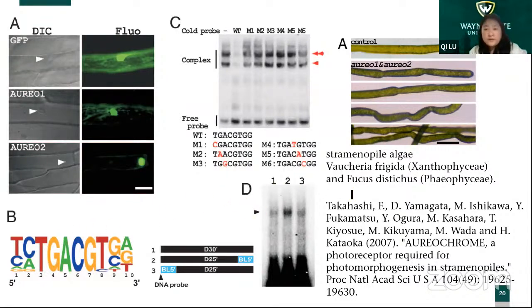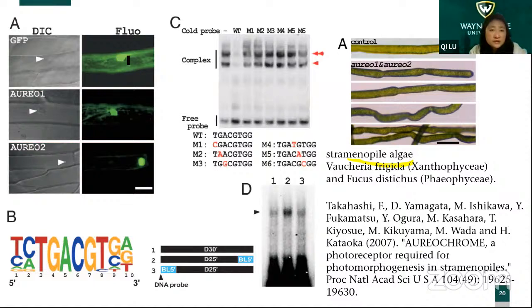So the phototropin was first discovered in this algae. This green algae is not round, and it does not have flagella, and it forms the shape of a rod.